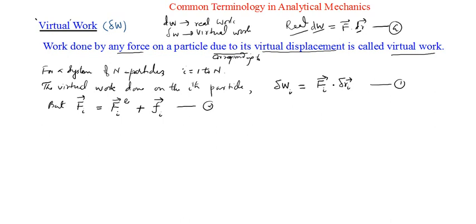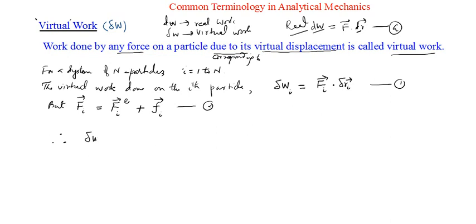Now always remember what these terms mean, as I explained: Fi is the external or applied force, and fi is the force of constraint. If there are several forces of constraint, then fi is nothing but the vector sum of all those forces of constraint, the complete force. Therefore, how can I rewrite my virtual work on the ith particle?